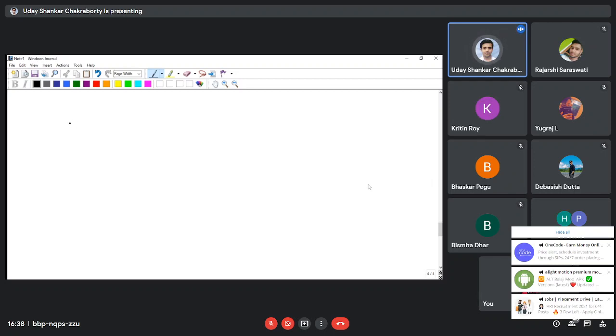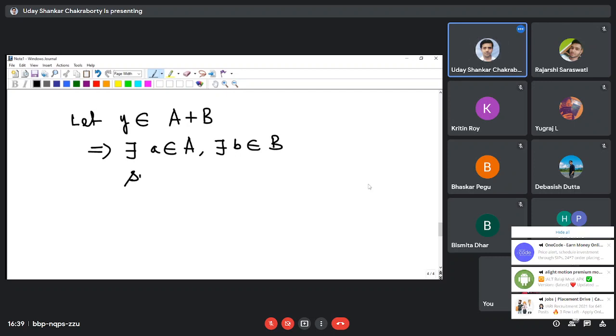The proof is very simple. You take any element from A plus B. Let y belong to A plus B. This implies there exists small a belonging to capital A and small b belonging to capital B such that y equals a plus b.